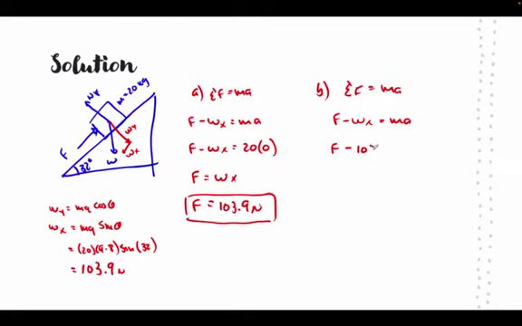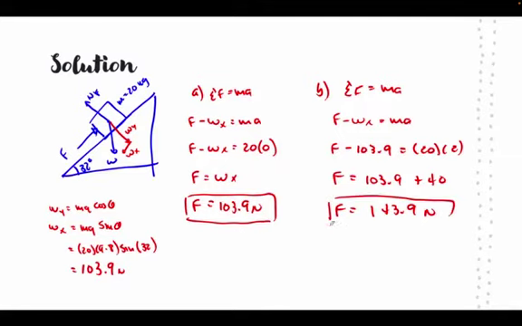F minus 103.9 is equal to mass 20 times acceleration 2, which means that we need a force of 143.9 newtons to accelerate it at 2 meters per second squared up the plane.